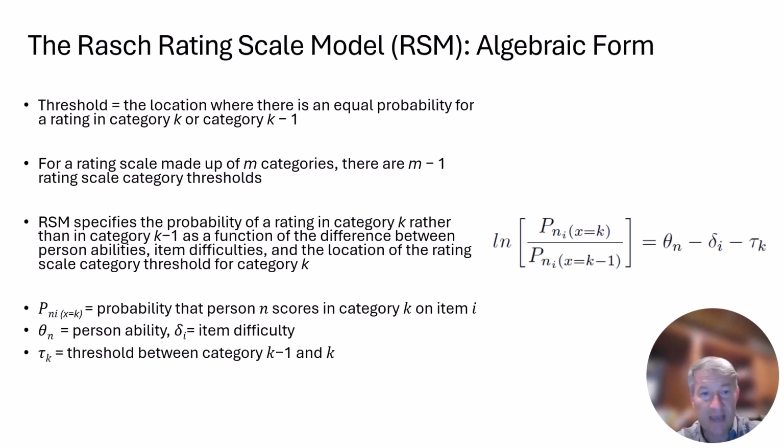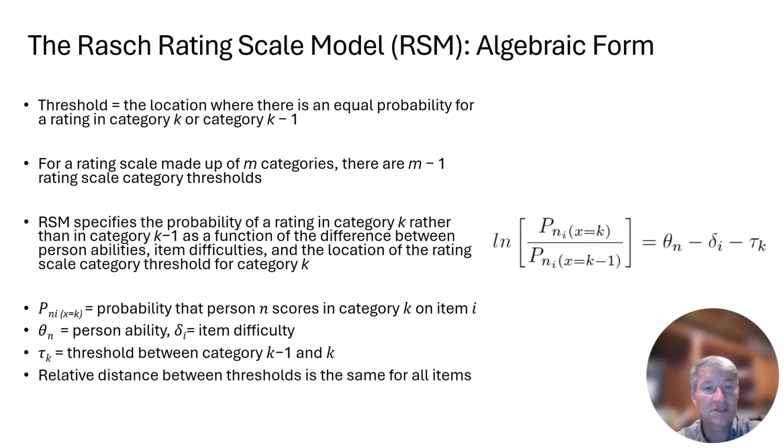And tau sub k is the threshold between category K minus 1 and K. And what's important to note in the rating scale model, we hold constant the relative distance between the thresholds so that they are the same for all the items. So while the relative distances are held constant, their absolute locations of the thresholds will differ because the difficulty of the items differ.